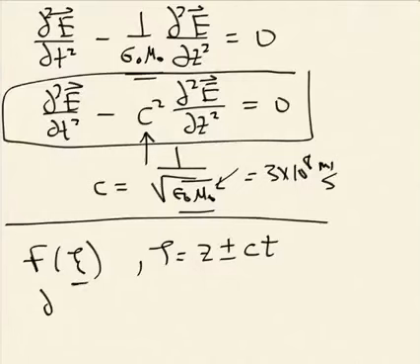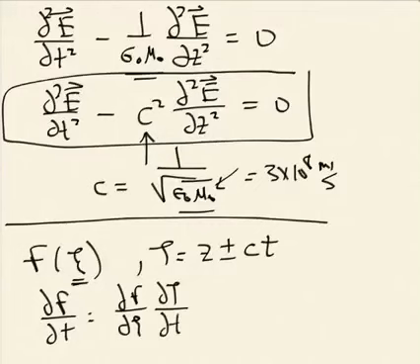Because it depends only on z and t in this combination, I can write that df dt is the same as df d squiggle times d squiggle dt.